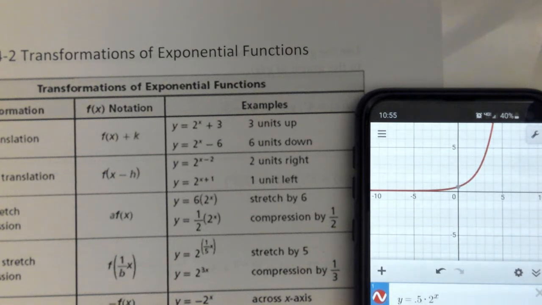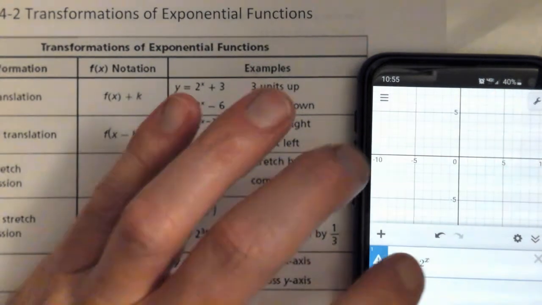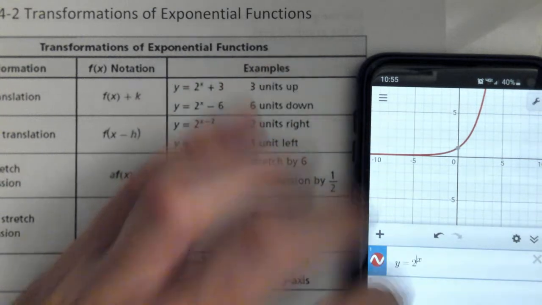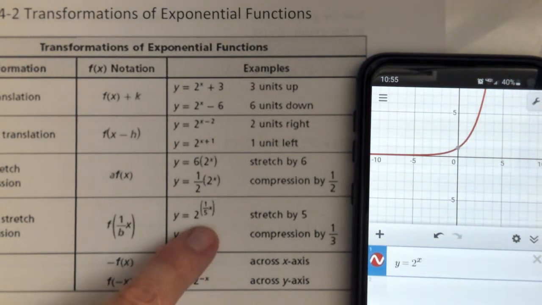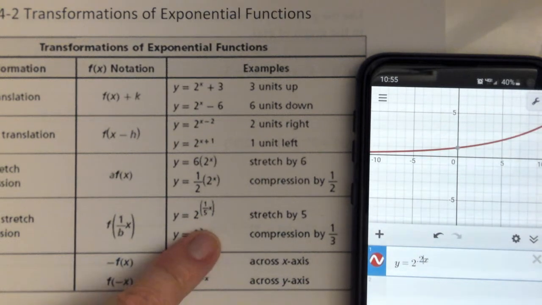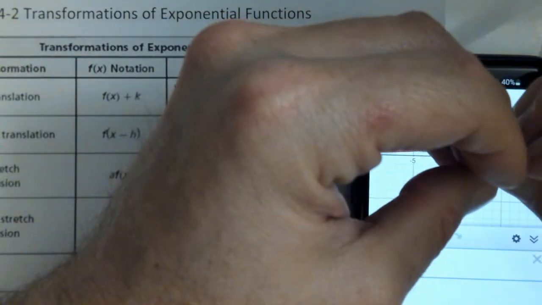Next we go to horizontal stretch and compression. That's obtained by multiplying by a number directly on my x. If I'm multiplying by something less than 1, like a 0.2, like we have here, that's a horizontal stretch by a factor of 5.